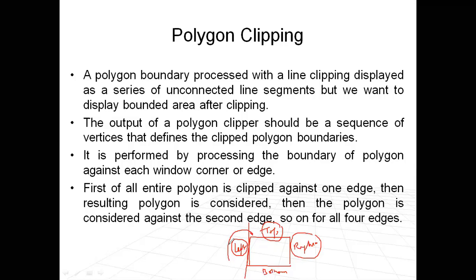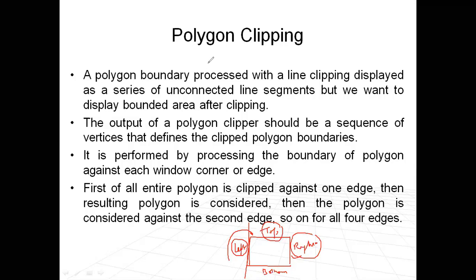So a polygon has to be clipped against all four edges of the window. That is also the limitation of a polygon clipping algorithm, that it has to go through each and every edge to clip a polygon, whether it is required or not.